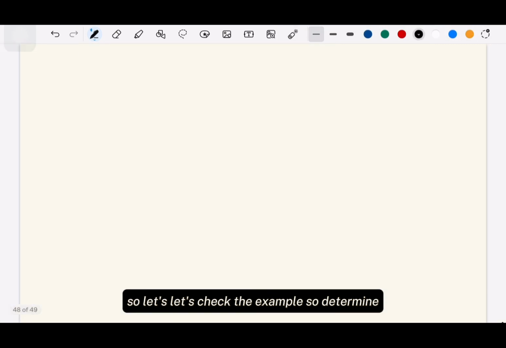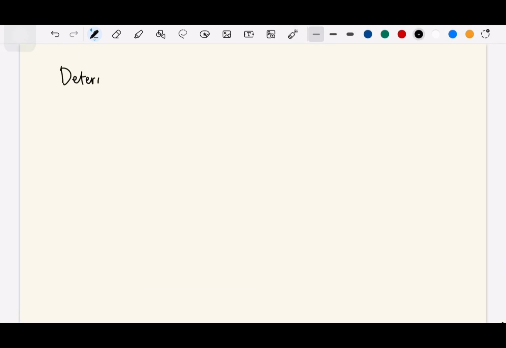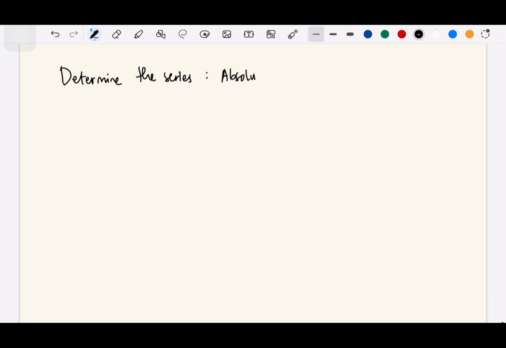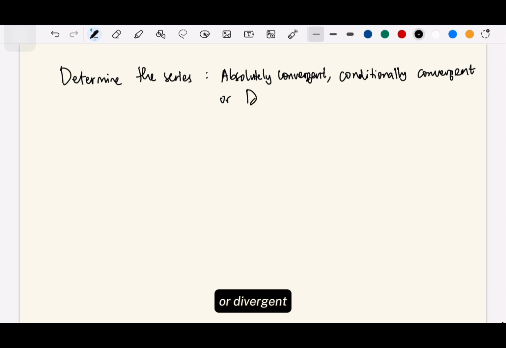Determine whether the series is absolutely convergent, conditionally convergent, or divergent.